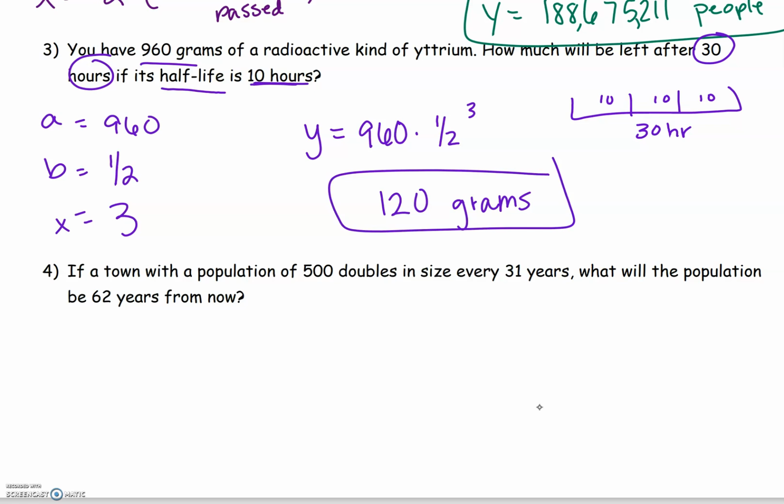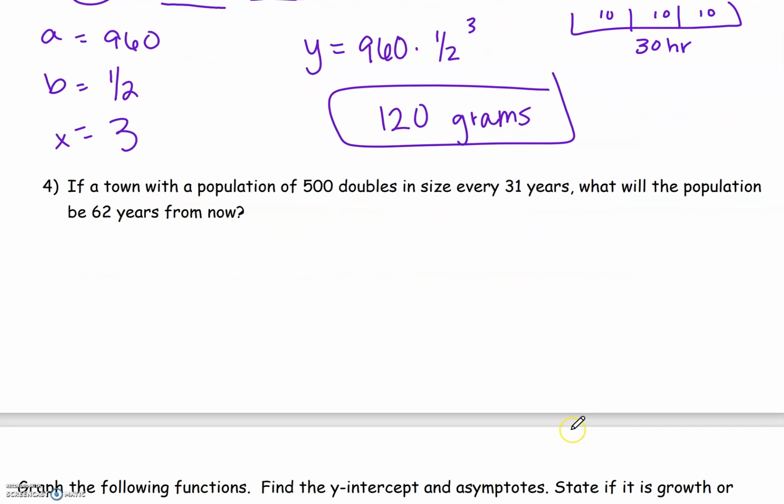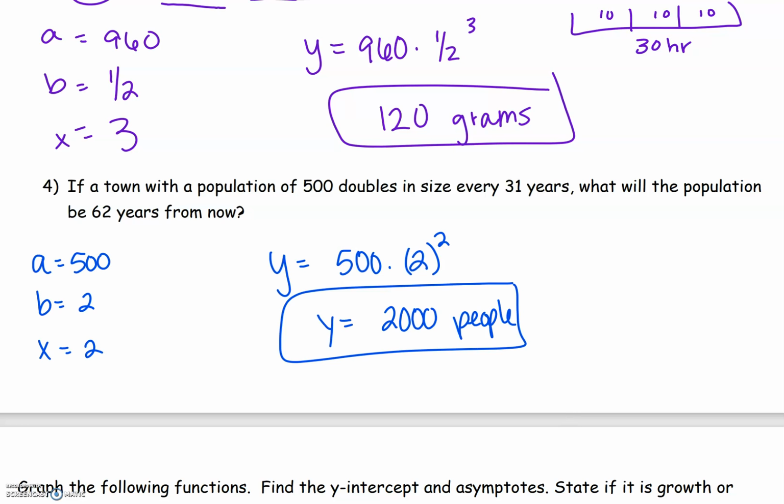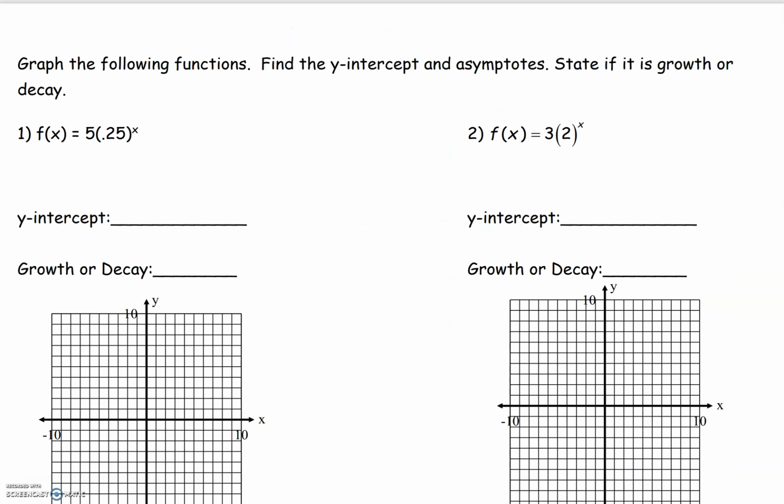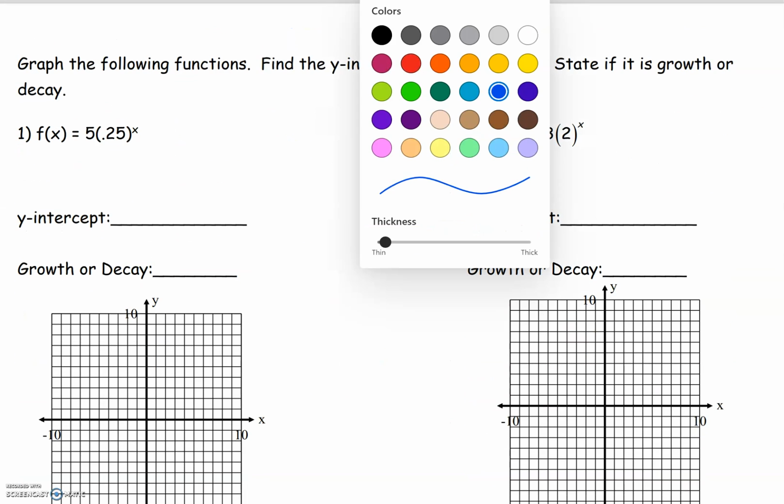All right, try that last one on your own and then push play to check when you're ready. All right, double check that you got 2,000 people for number 4. And we're going to finish up day 2 on the back here with some graphing. So we need to find our y-intercept, and then we'll determine if it's growth or decay so we know which direction to graph.